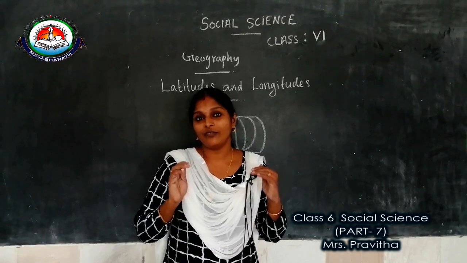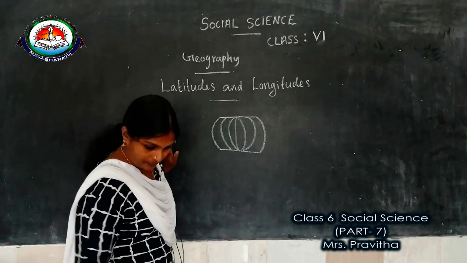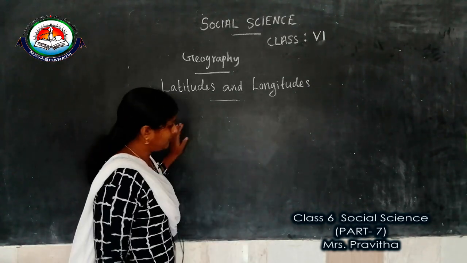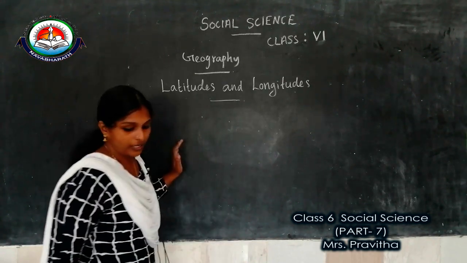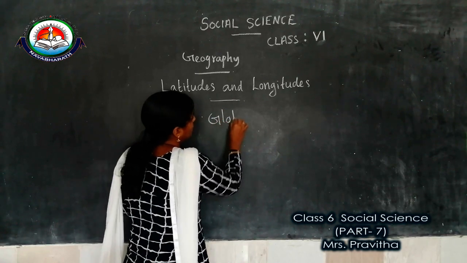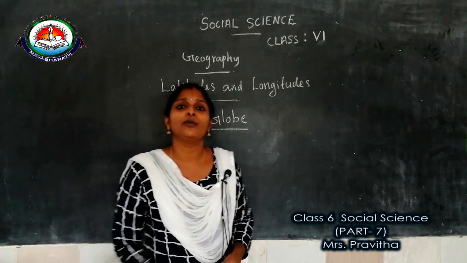Then we can go to today's topic. Today we will discuss the globe, how we can locate places on a globe, and some lines we can see on the globe. I will show you everything. So what is a globe, children?